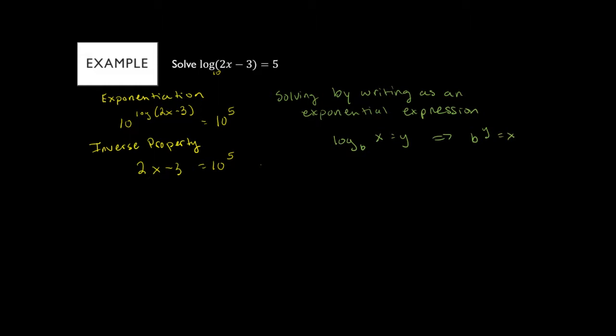So in our case, we'd have 10, because that's the base, to the 5th power equals what's inside the log, 2x minus 3. So you get the same answer. It's just written a little reversed.